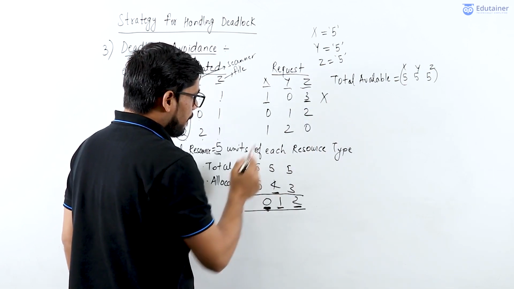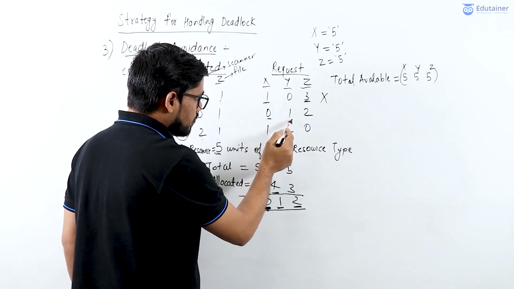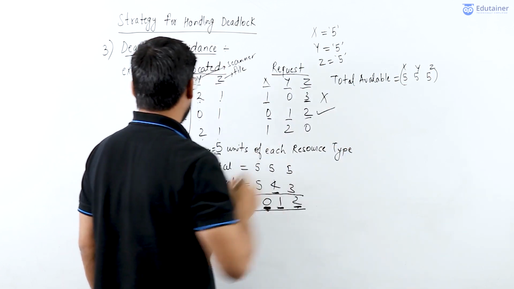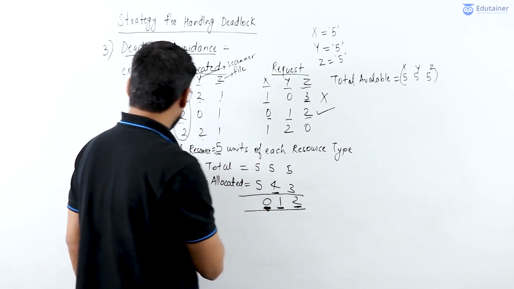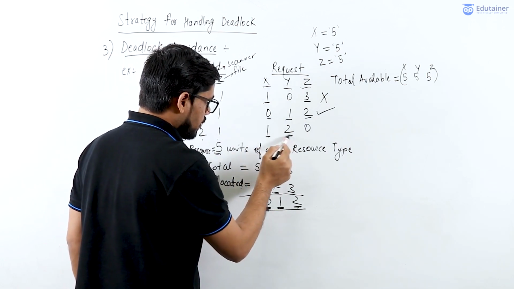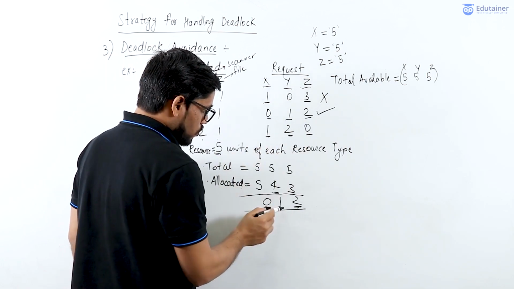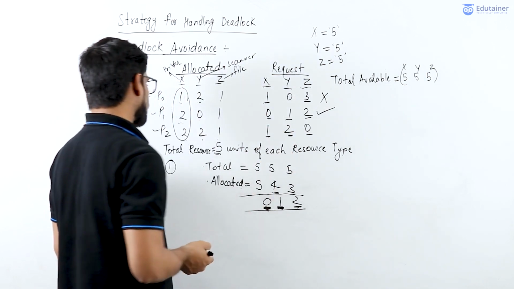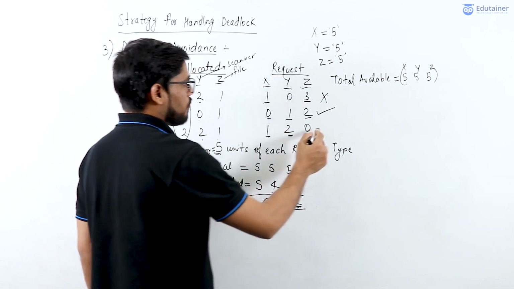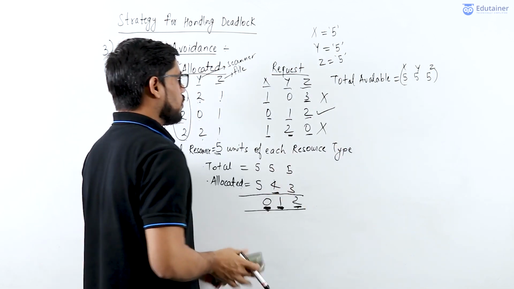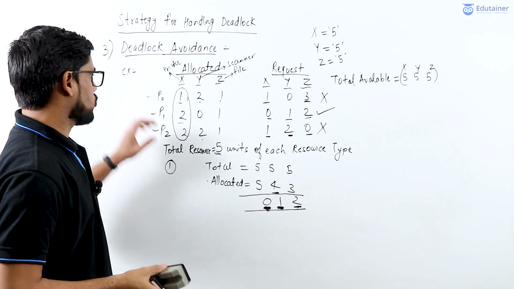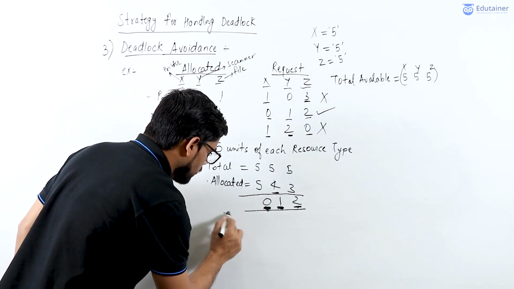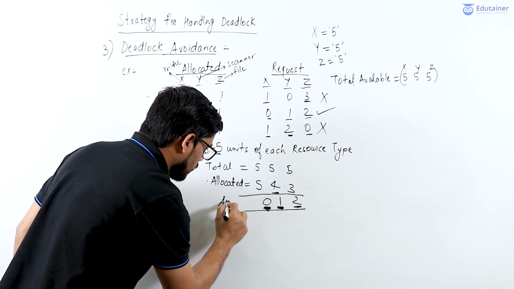Similarly, for process P1, the request is 0, 1 and 2, so we can fulfill the request of process P1. And checking further, for P2 it is 1, 2 and 0, but only one instance of resource Y is available, so we cannot fulfill the request of P2 as well. So the only possibility is fulfilling the request of process P1. So just try to allocate to process P1.